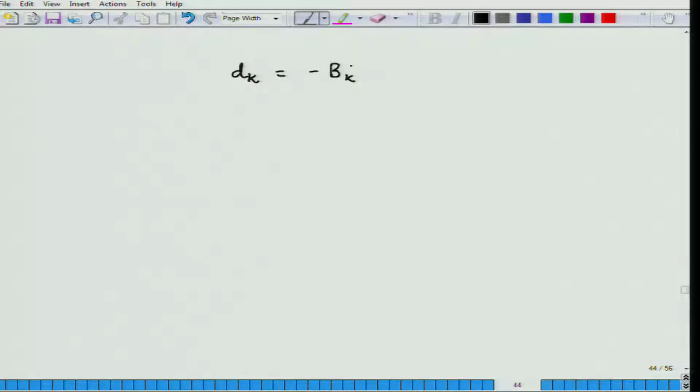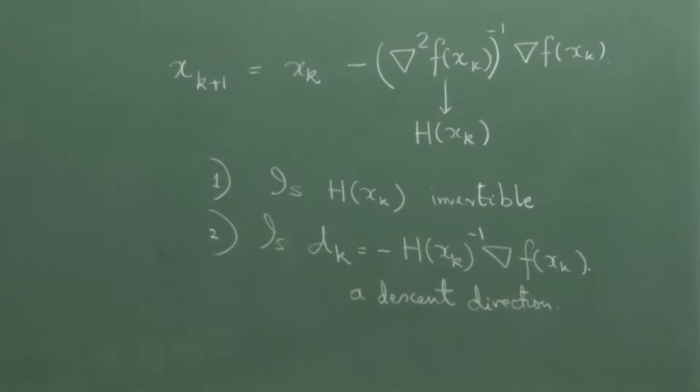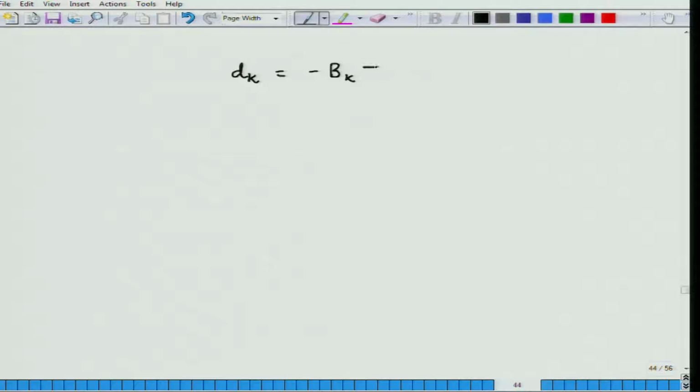So, instead of having the inverse of the Hessian matrix, I consider some matrix of this form. So, this is an approximation to the inverse of the Hessian.